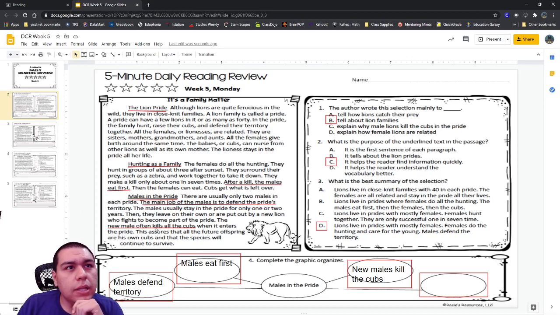Who can give me one last fact about male lions from our selection? And remember, the last paragraph is a good place to look because that's the one that's talking mostly about the males. So what's one more fact I can find from my selection that will help me finish that graphic organizer?